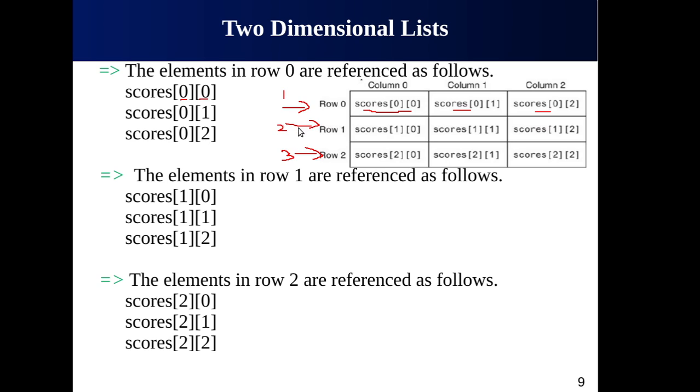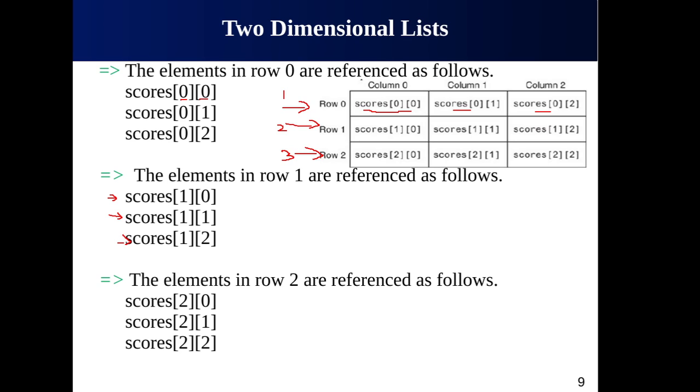In a similar way, if you want to access the individual scores of the second student, you have to follow this syntax. Student number 1, or the second student, is in row number 1. So the row again is constant, the columns are changing. This will display the scores of the student in 3 different subjects, and the same is the case for the third student.